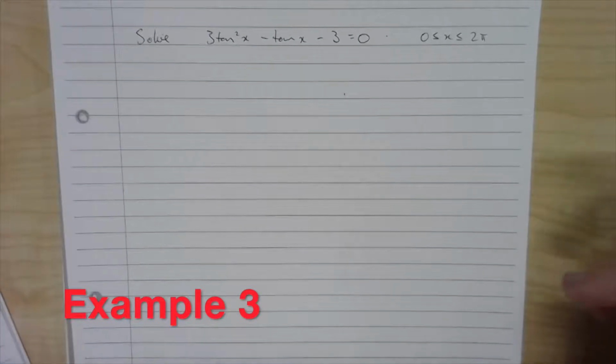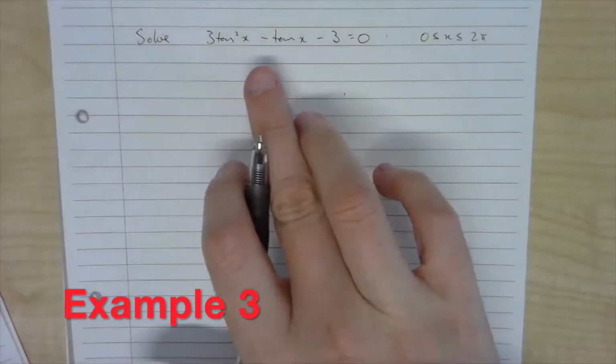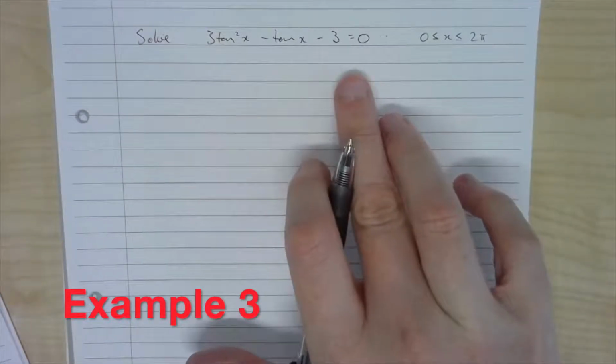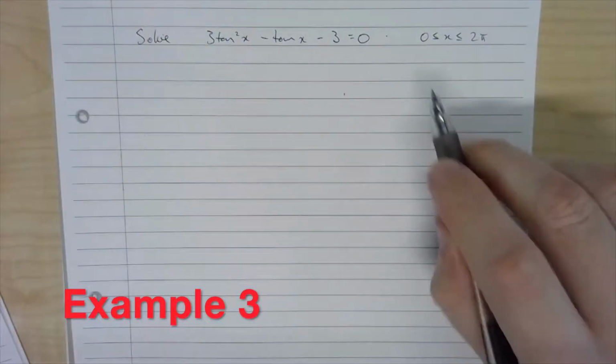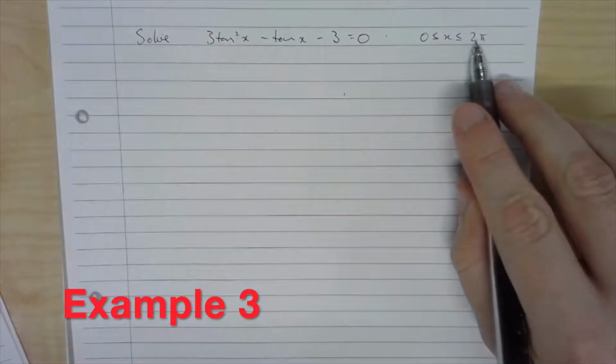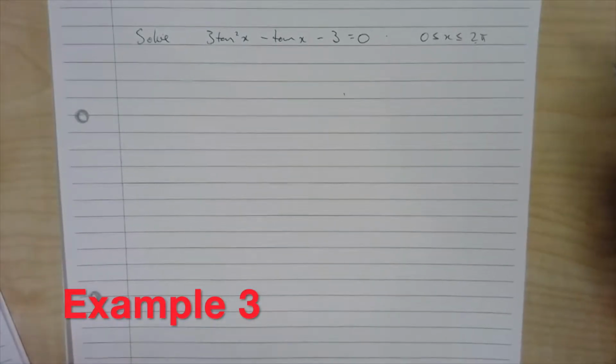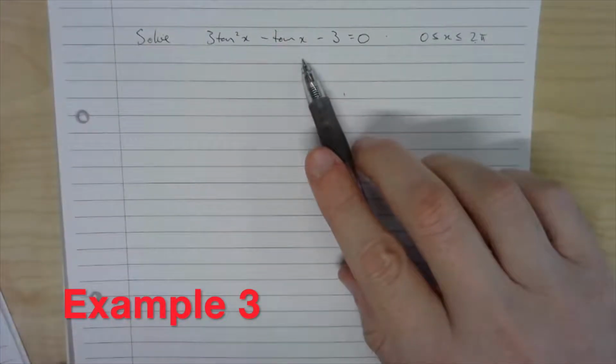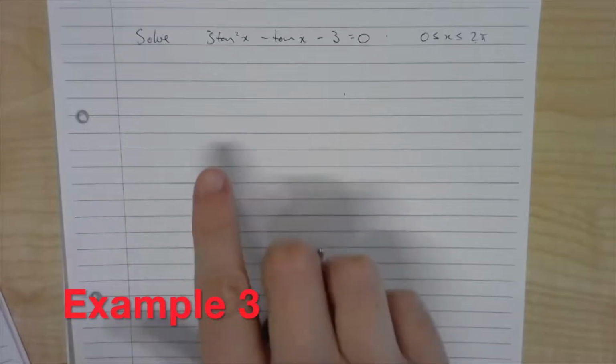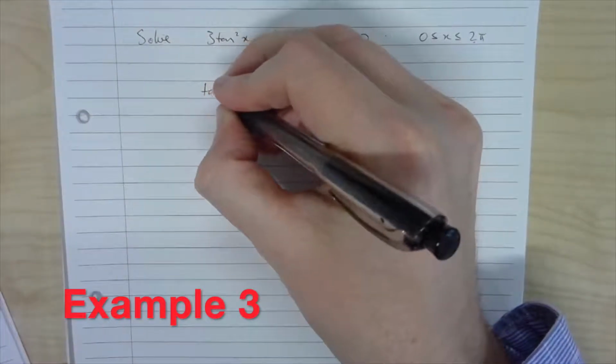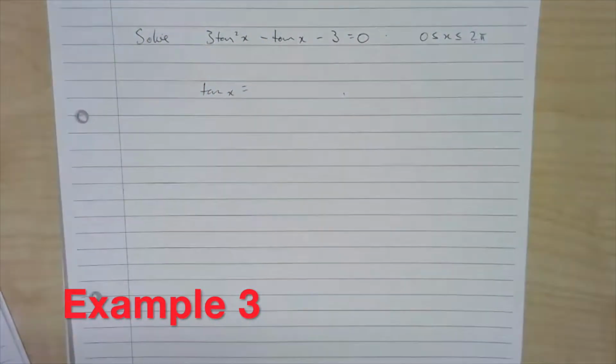Example number 3, I have 3 tan squared x minus tan x minus 3 equals 0, solving from 0 to 2 pi. Alright, this one I'll save you some trouble. This one we cannot factorize, so we're going to need to use the quadratic formula. So tan x is equal to negative b.